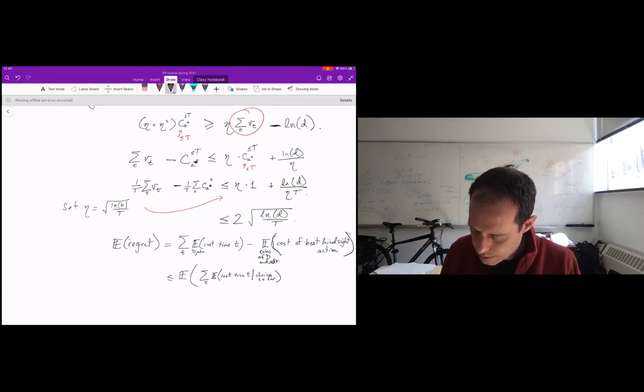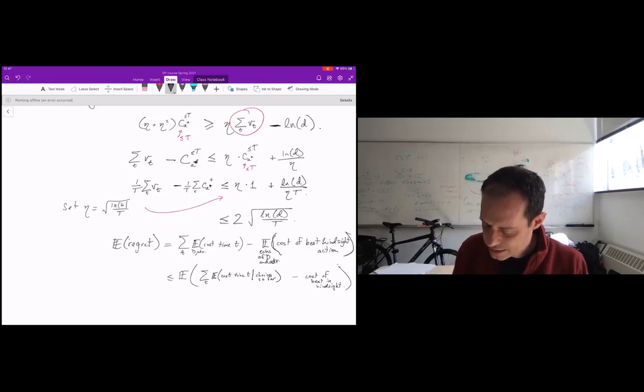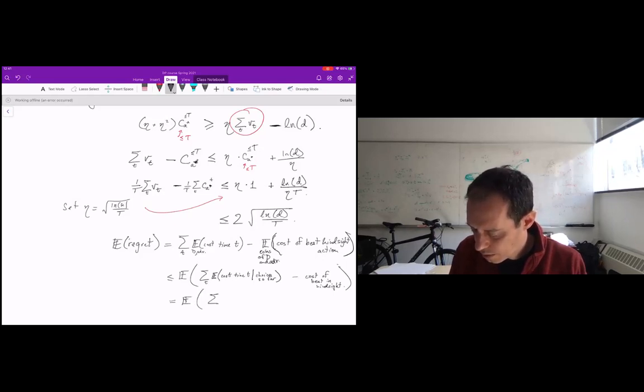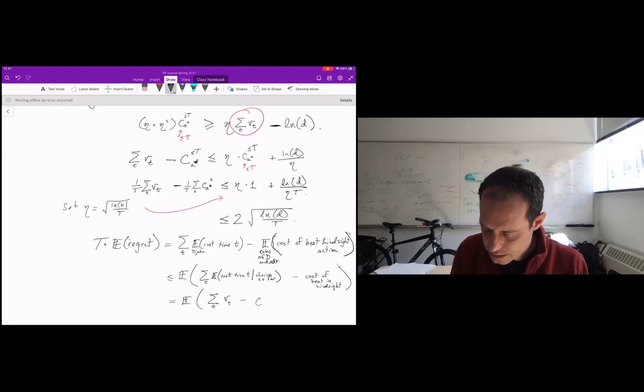Okay, minus the cost of the best in hindsight. And so what we actually get is the expectation of this sum over the execution of Vt minus, so this is all t times the regret because we want to average later.